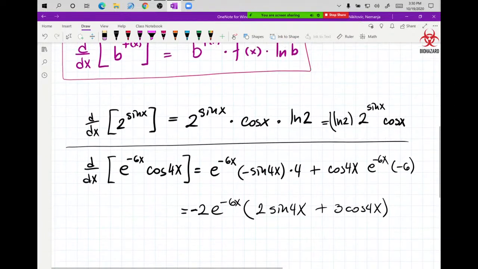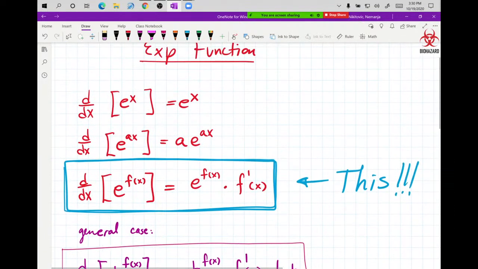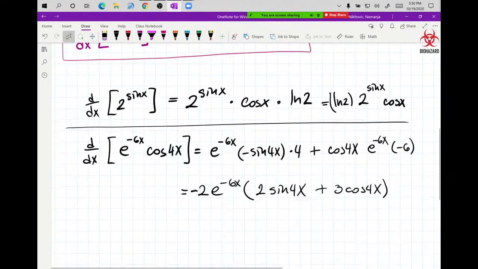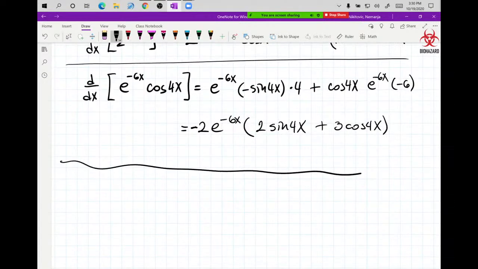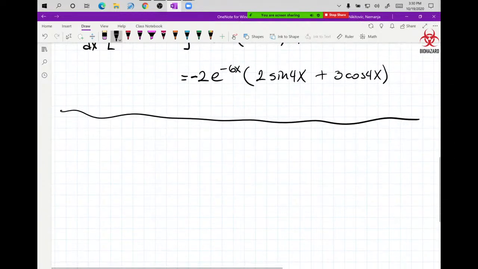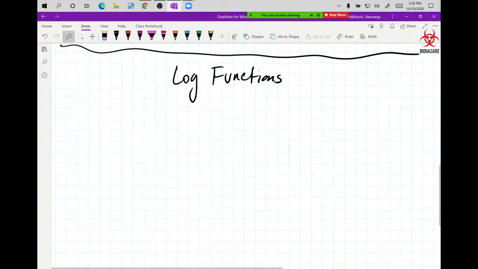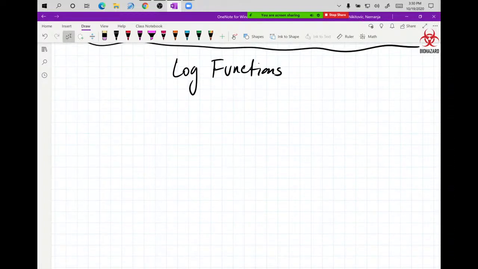We are going to switch now from exponential function, which is literally that's it, to logs. So what do we have here?